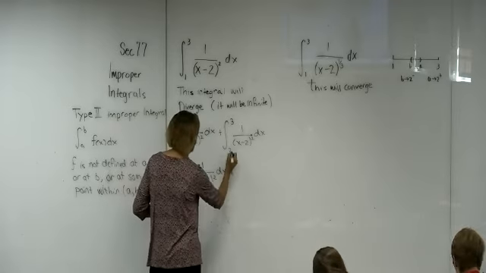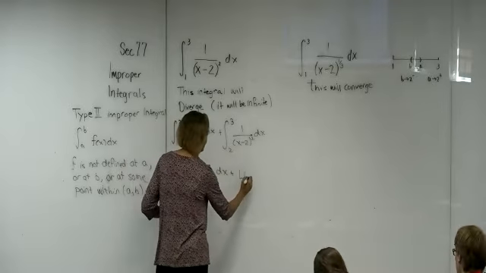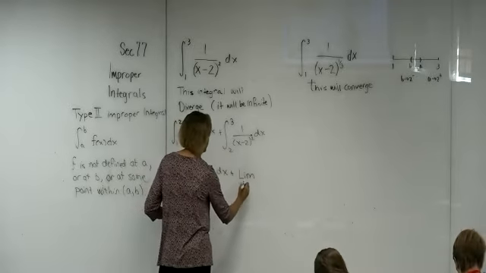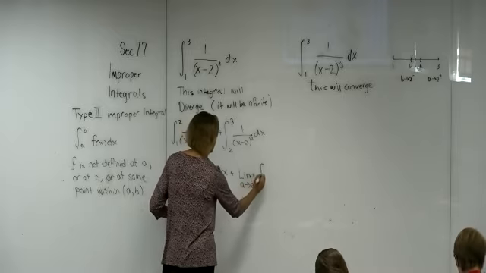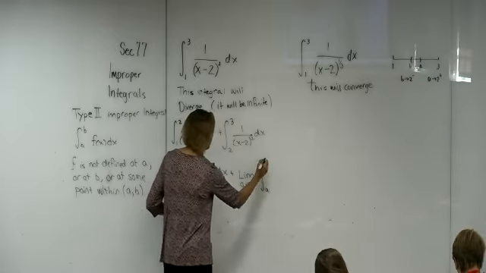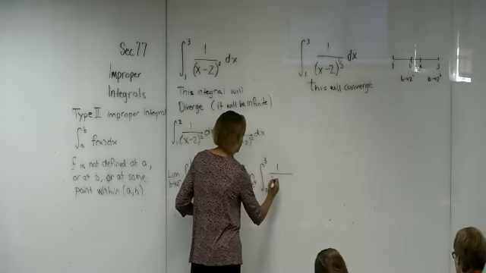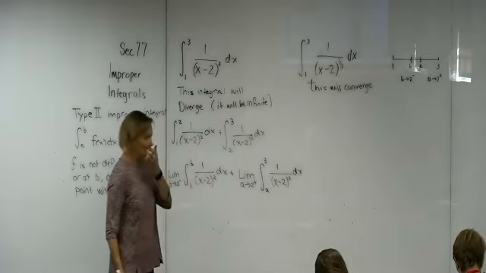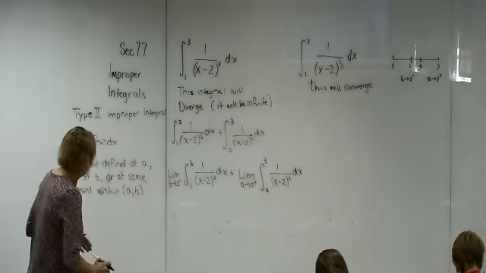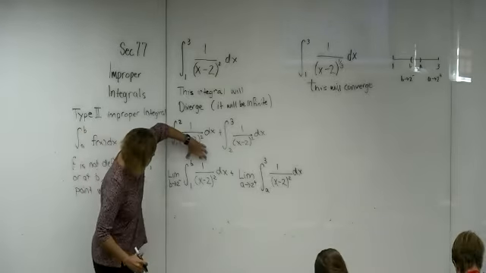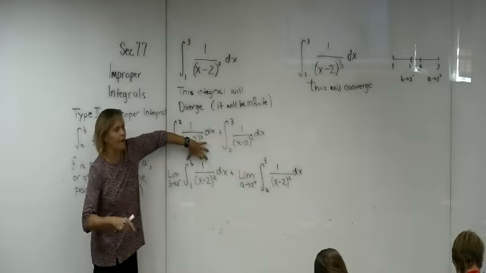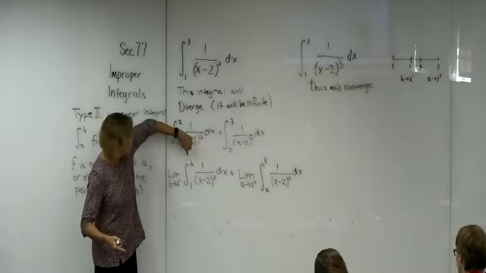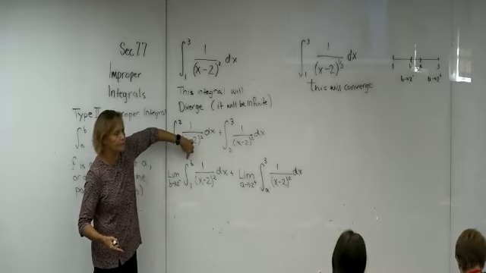And then here I'm going to replace that 2 with a and let a go to 2 from the right. And now these integrals do fit the criteria for me to be able to calculate an antiderivative and evaluate it at the endpoints.